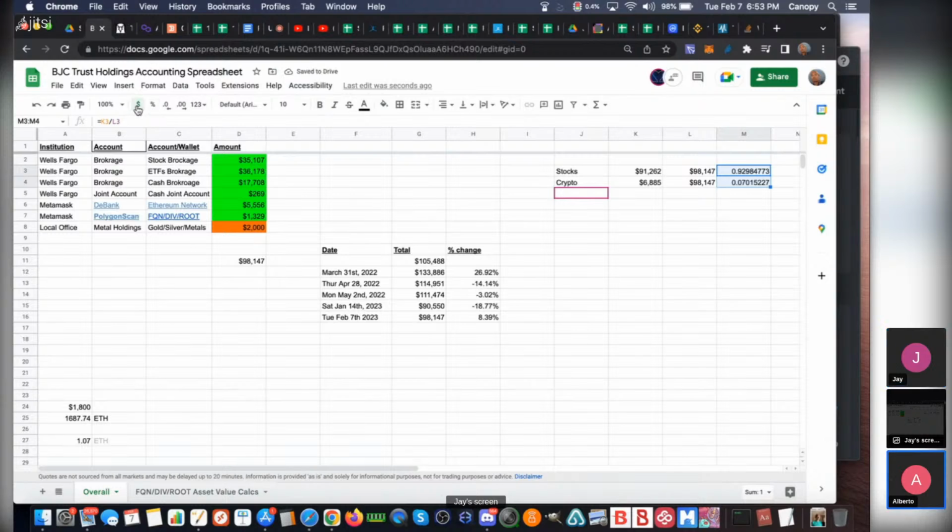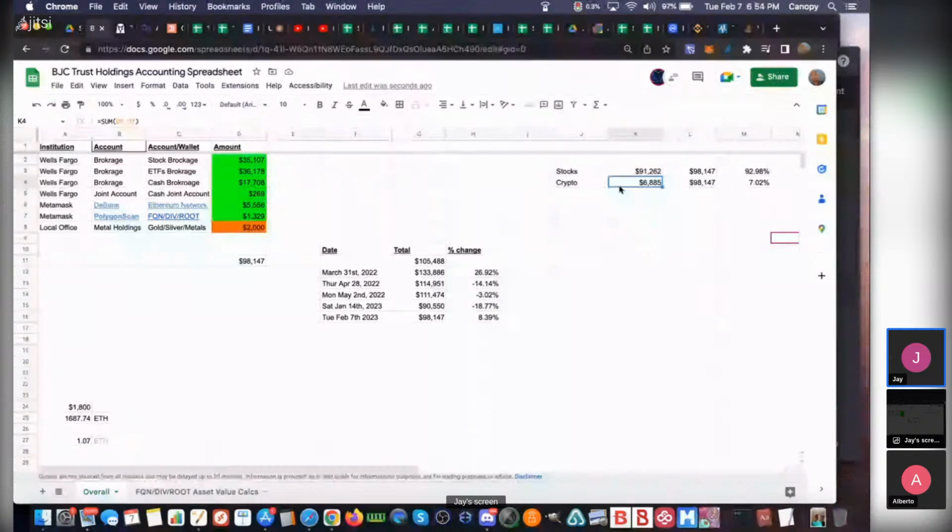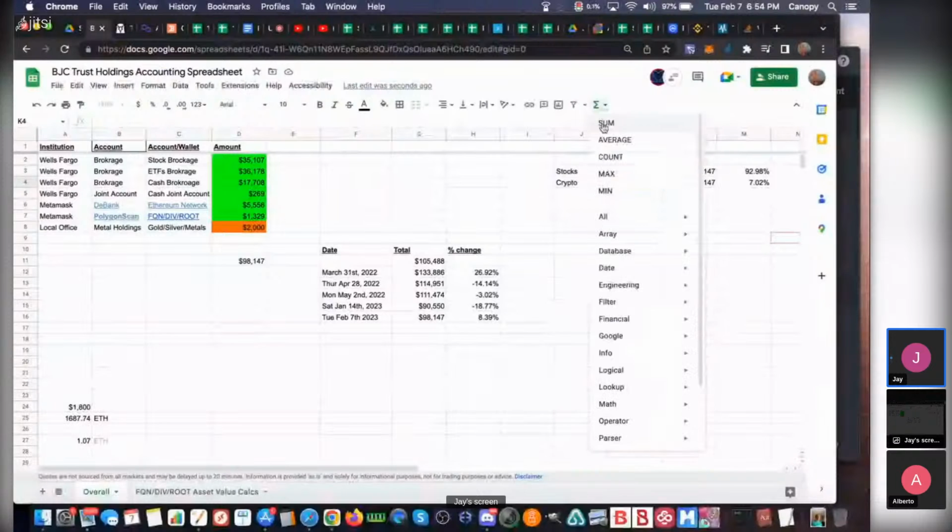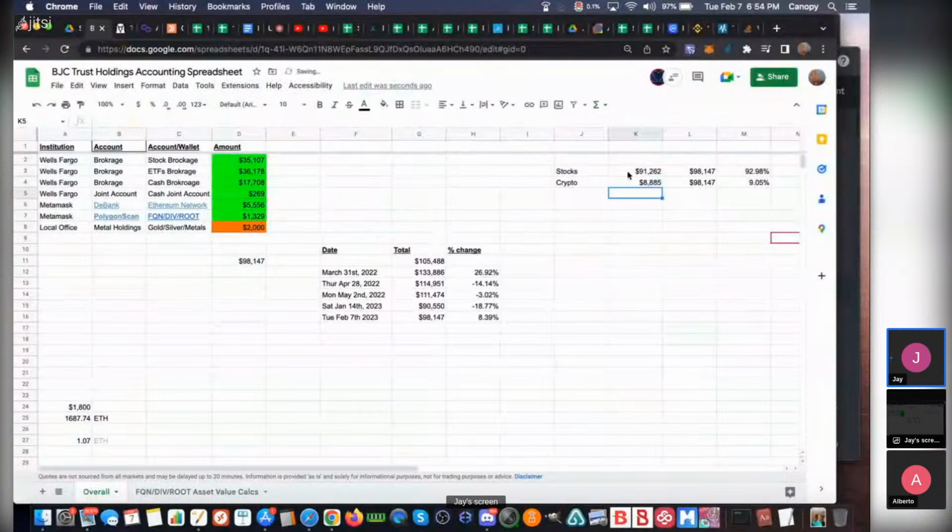Okay. Yeah, 7%. So in my mind, we don't need to transfer any crypto, and if anything, we should actually buy more crypto in this case, right? Yeah, I mean, shouldn't we have 87.5 in the stocks and 12.5 in crypto, or not? That's the general goal, but obviously it's a little off. But either way, if you put, for example, the gold and everything in here, it would be a little bit higher. So you summed all of this, you get 9%, right?